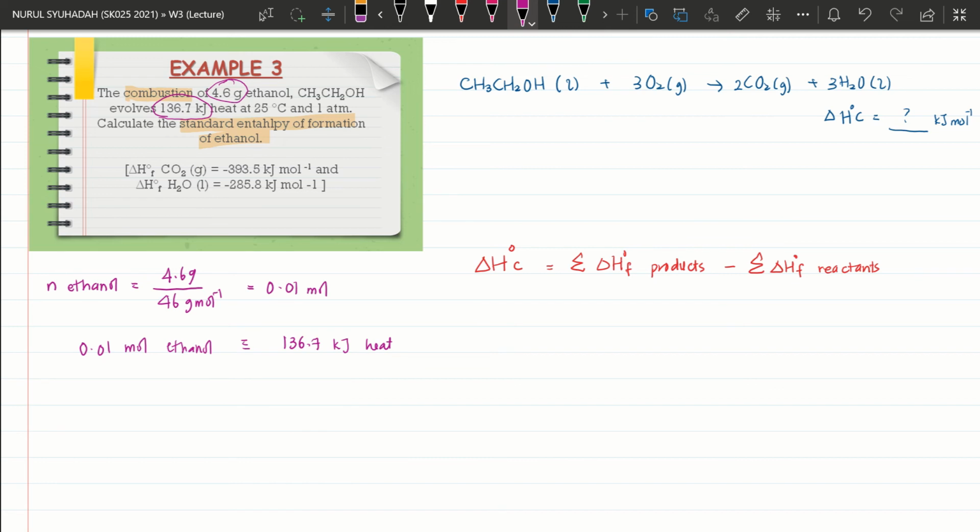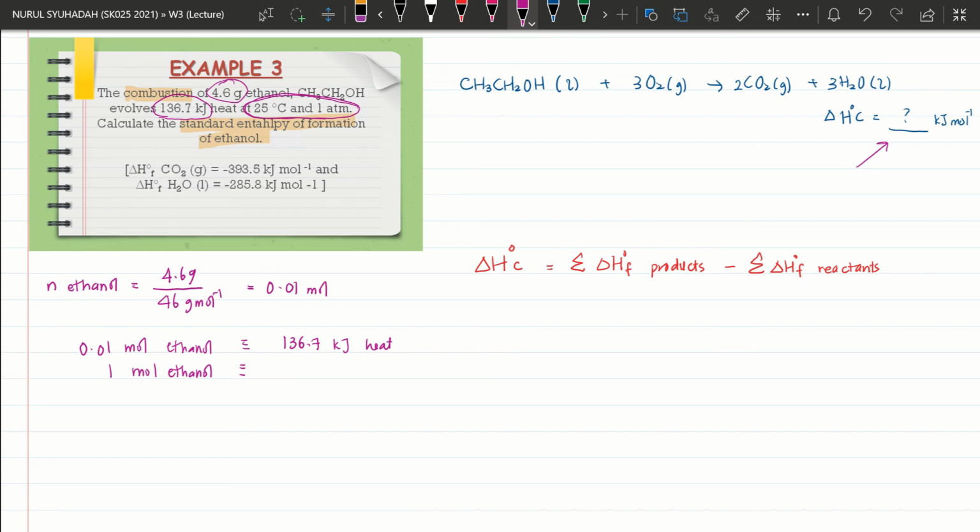So I want 1 mole. Why do I want 1 mole? Because I want to put it over here in the delta H naught combustion. Can I take this as delta H naught combustion? Yes. Why? Because the reaction occurs at standard condition, 25 degrees Celsius and 1 atm pressure.